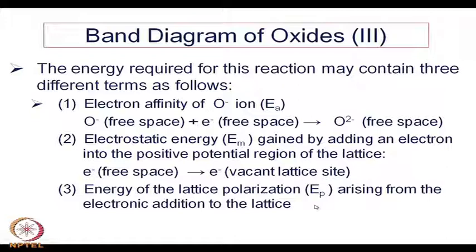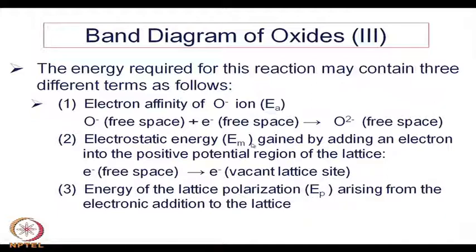So, when an electron is added to the system, it generates an electrical field, and that electrical field interacts with the other surrounding ions, and the lattice gets polarized. The lattice gets polarized, so some readjustments take place, and that also requires certain energy.